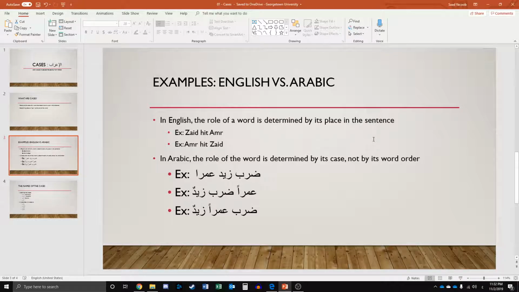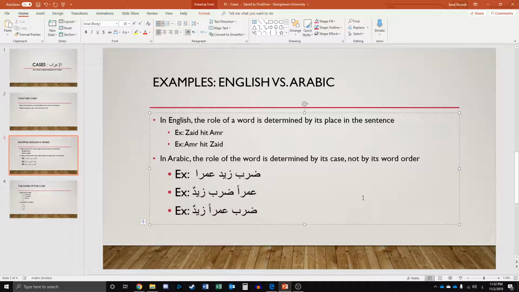Because who is doing the hitting and who is being hit has not yet been communicated, because there is no sign at the end of the word that tells me the case of the word. So what do I have to do?